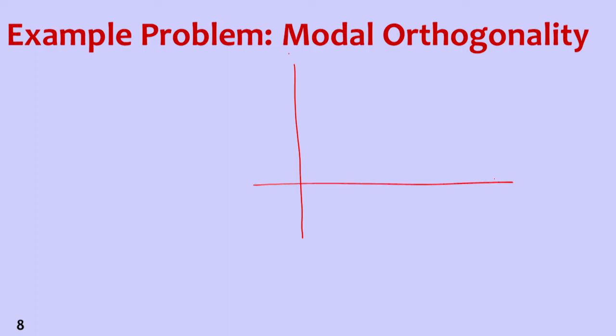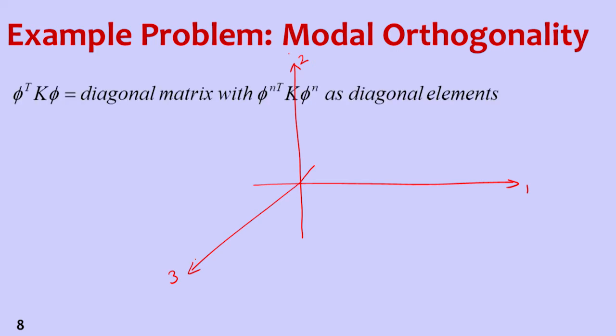Now let me take, say, a 3-axis system. So this is 1, this is 2, this is 3. This is the degree of freedom. This is the positive 1 axis, positive 2 axis, positive 3 axis. Now let us look at the values.